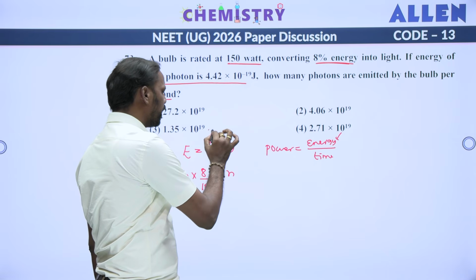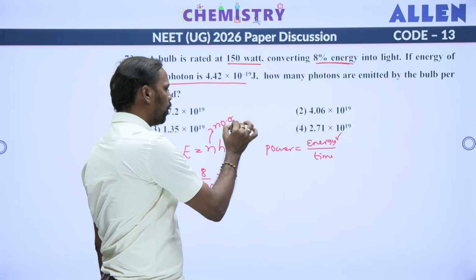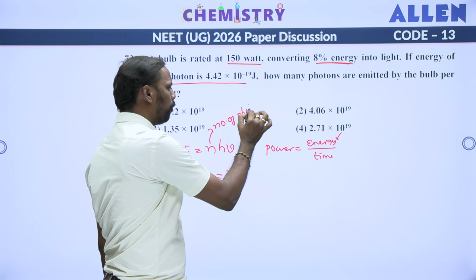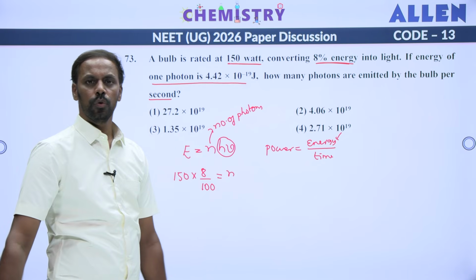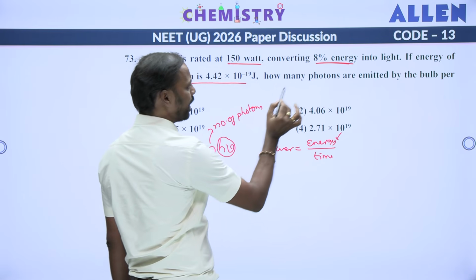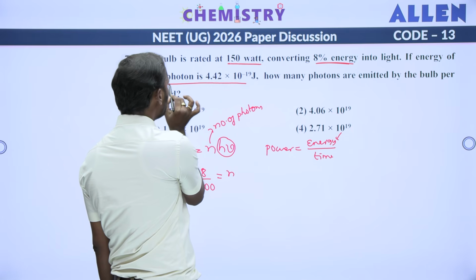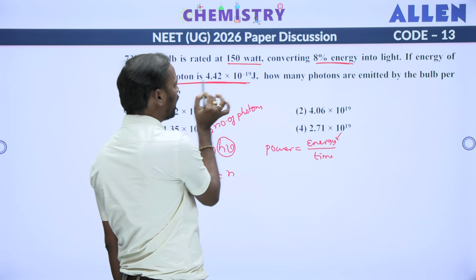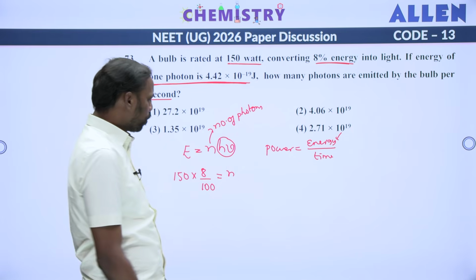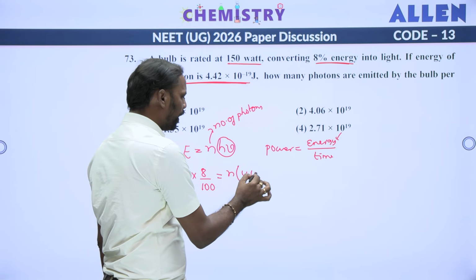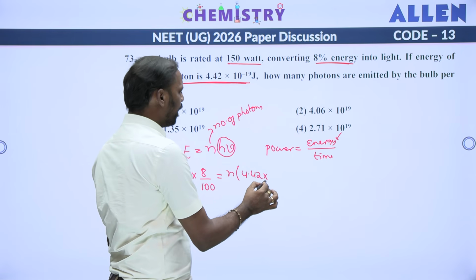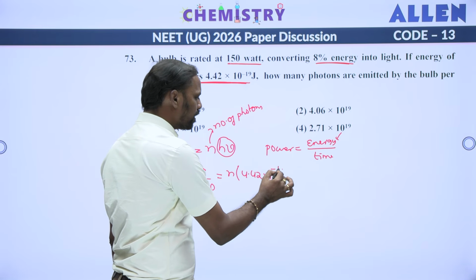What is this N, student, here? Number of photons emitted. What is this h nu? h nu they have already mentioned here. h nu is nothing but the amount of energy in terms of 1 photon. So this h nu value they mentioned is 4.42 into 10 to the power of minus 19.